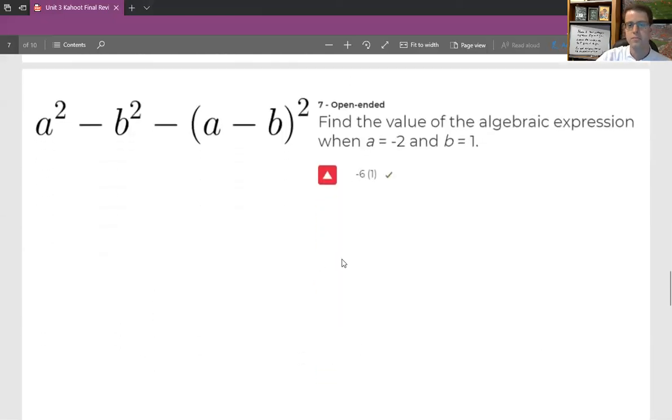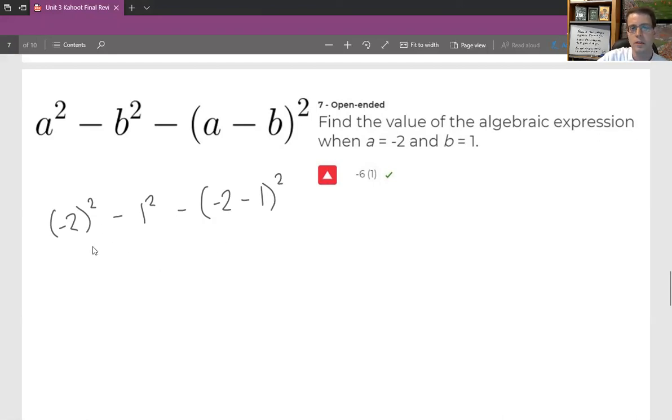Question 7. Find the value of the algebraic expression when a equals negative 2 and b equals 1. Substitute in. We have negative 2 for the a, so negative 2 squared, minus 1 for the b, minus a, which is negative 2, minus b squared. Now piece your way through the question.